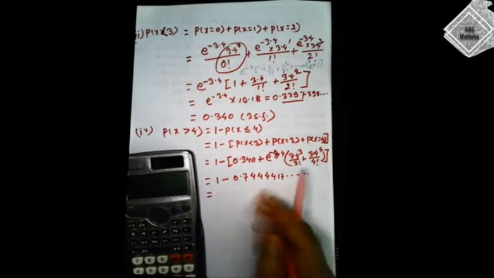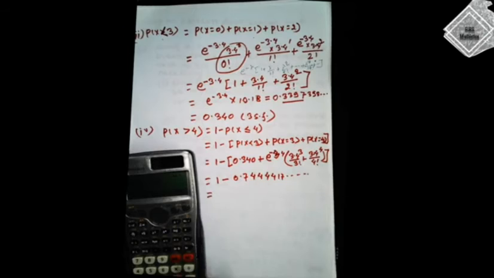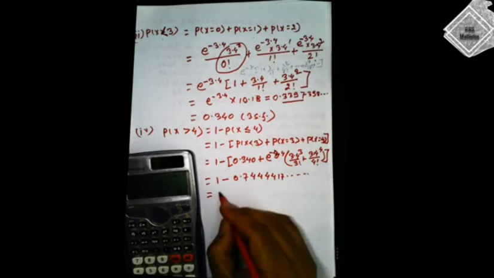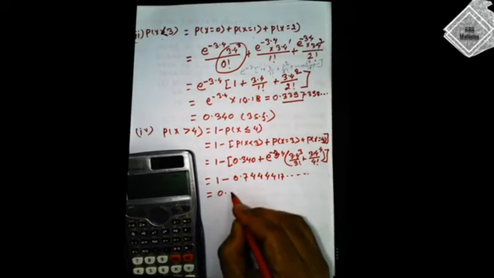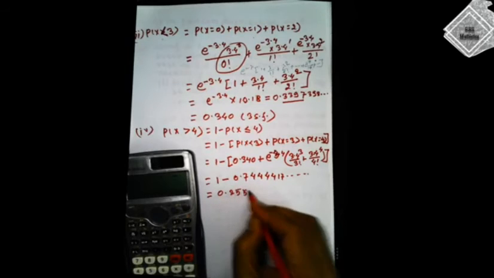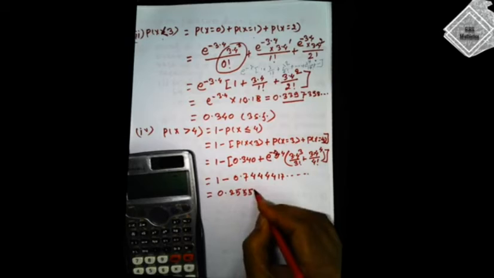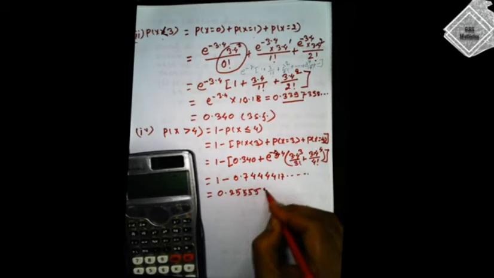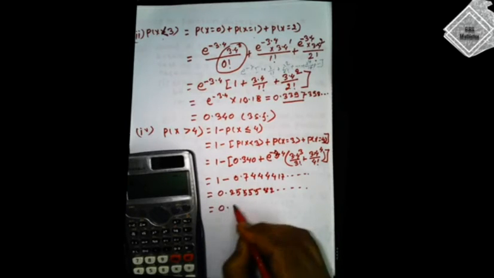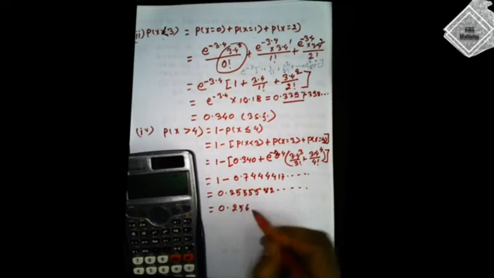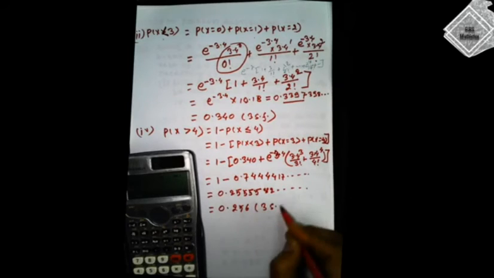Then we deduct this value from 1, so minus 1. Our answer will be in negative sense, but we have to write it in positive sense. It is 0.25582 and something like that. Now you need to round it off to 3 significant figures. In that case, it is 0.256 up to 3 significant figures. And this is your answer.